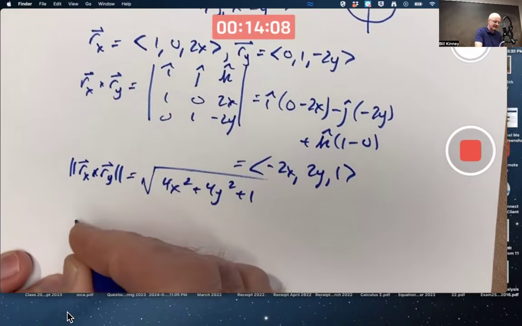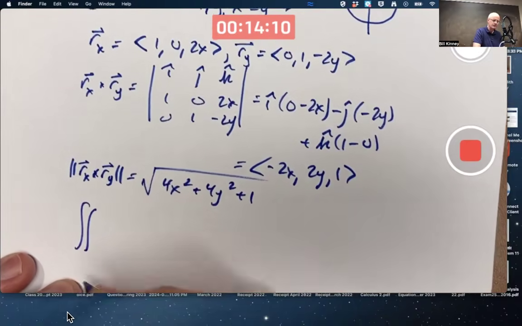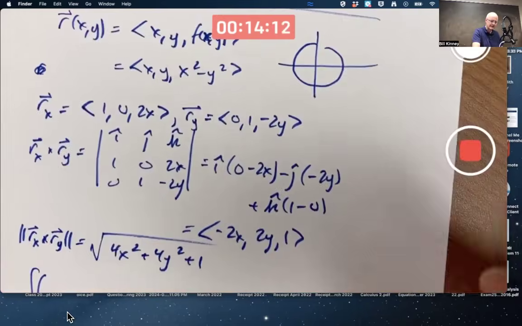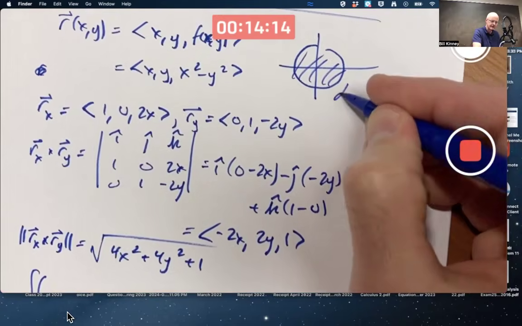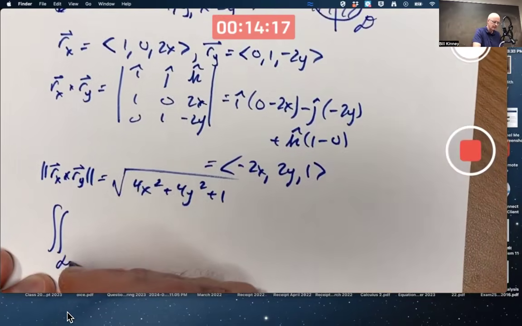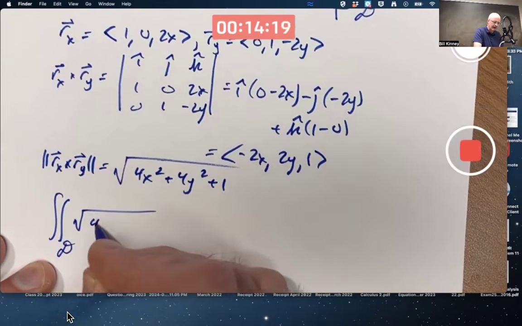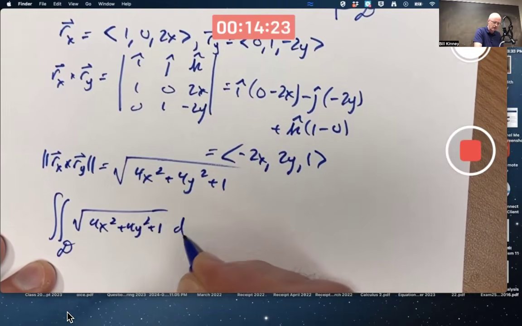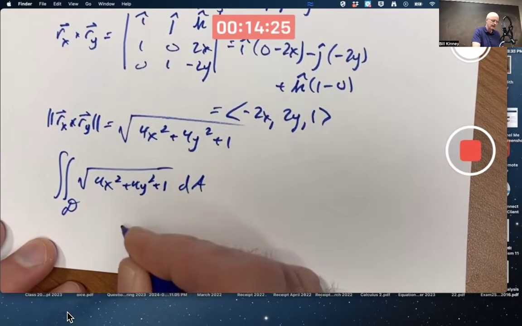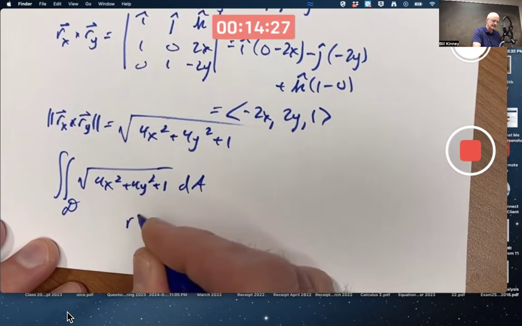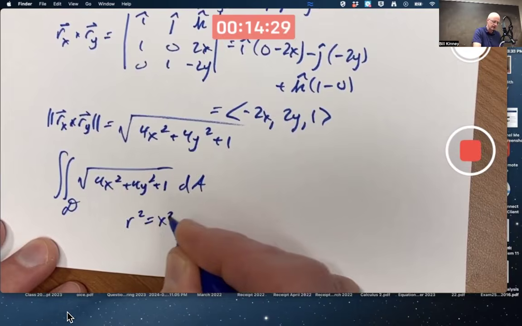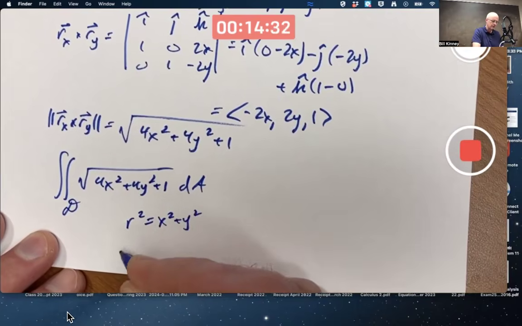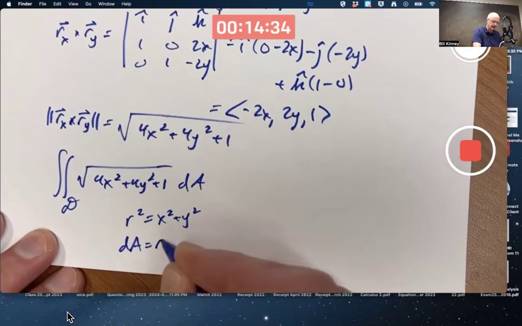And effectively, that's the thing to integrate over the disk here, call the disk D, dA, and then we could do that with polar coordinates. It's actually not too hard. Replace the x squared plus y squared with r squared, and replace dA with r dr d theta.